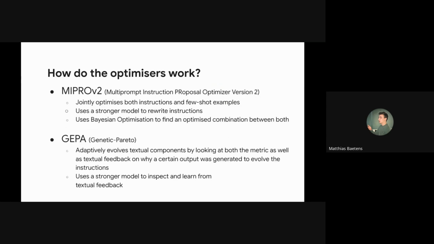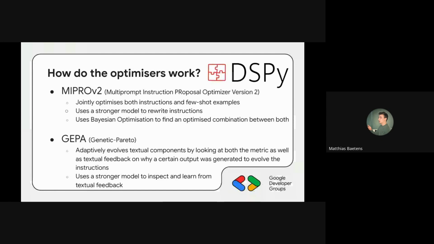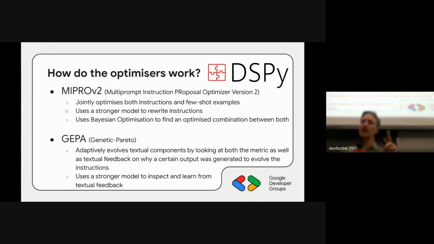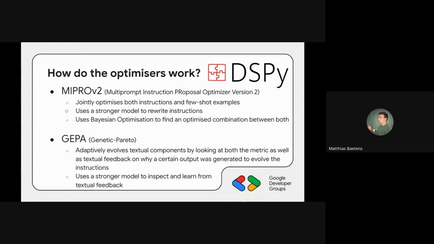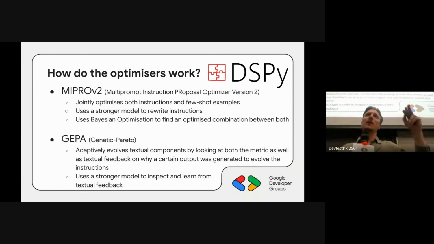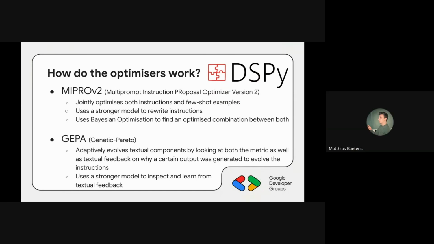The second one I looked at is called MIPRO. That one looks at the properties of your dataset, program code and examples to generate new instructions with a more powerful model. So it takes maybe GPT-5 or Gemini 2.5, and uses that to look through these details and adapt your prompt.